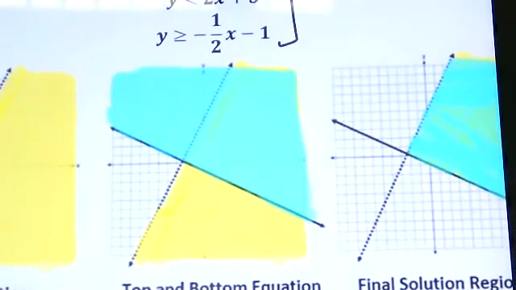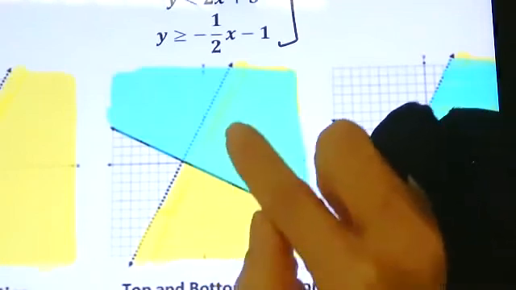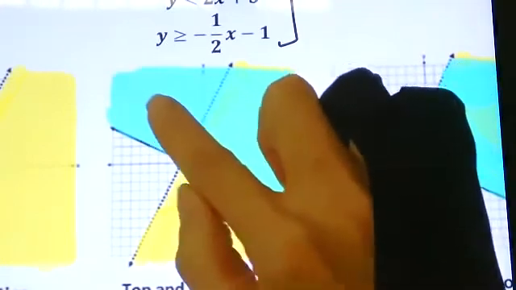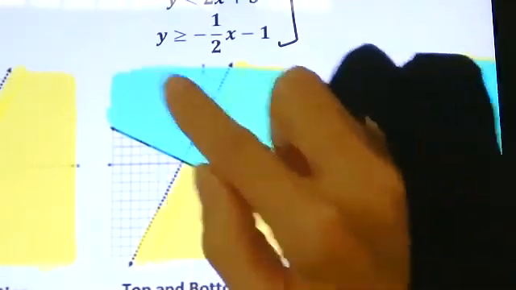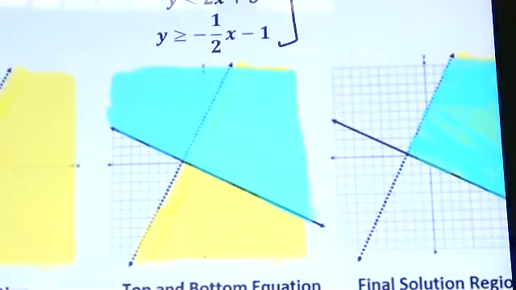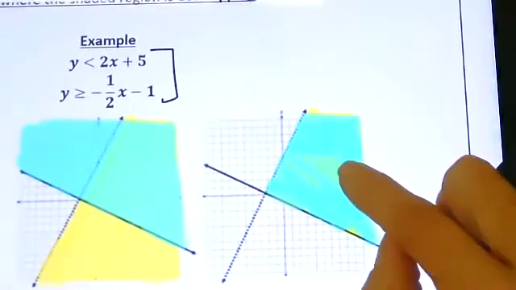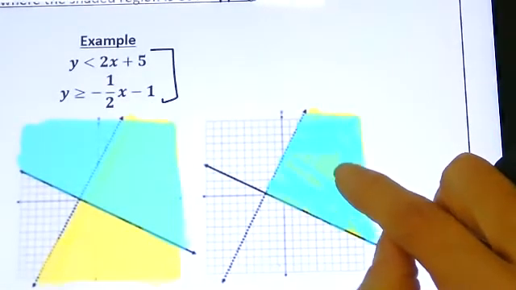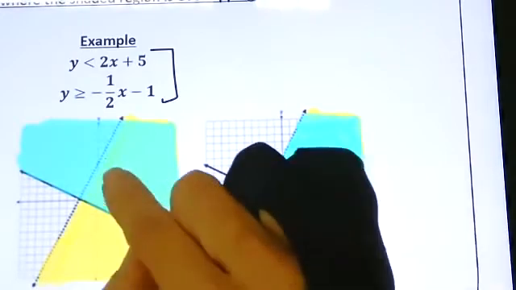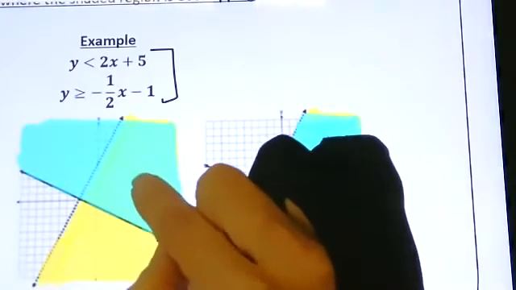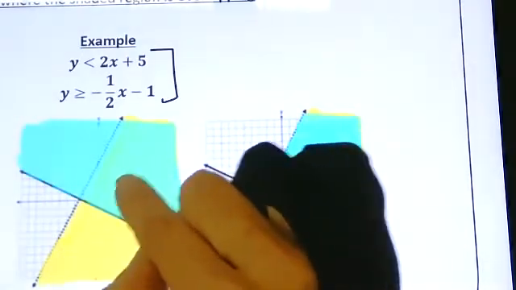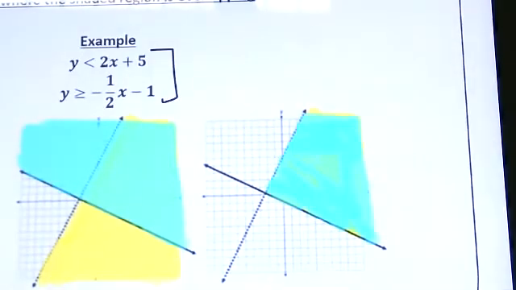Now what we're looking for is we just shaded all of this in yellow. We shaded all of that in the teal aqua color. The answer to the system is where does the shading overlap? And this is where they overlap. It's hard to see it on the screen, but this is actually a little different shade of green than that because it overlapped and combined with the yellow.